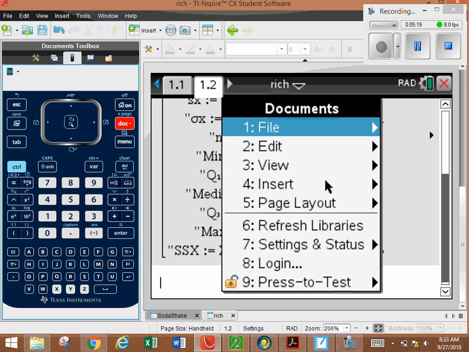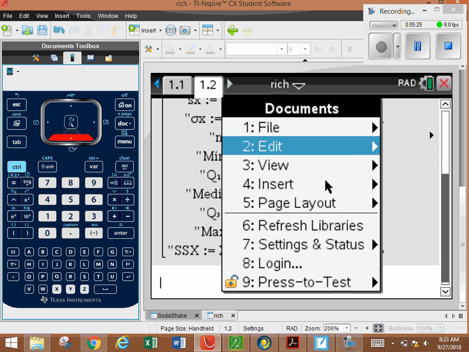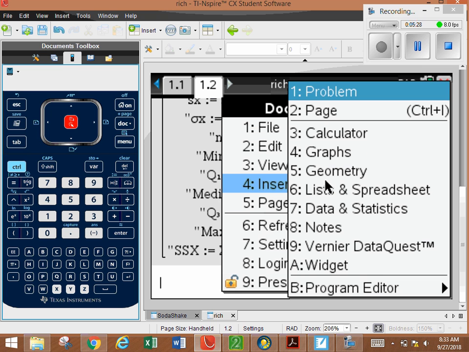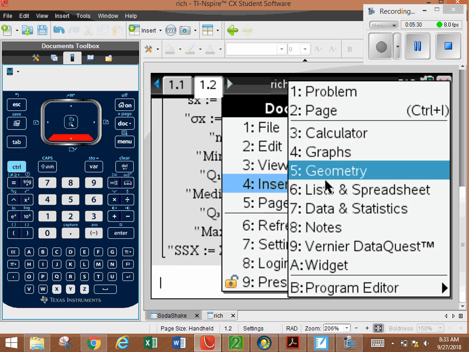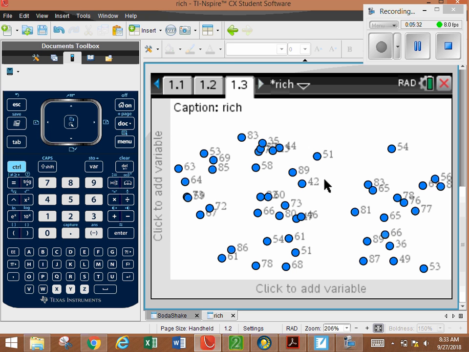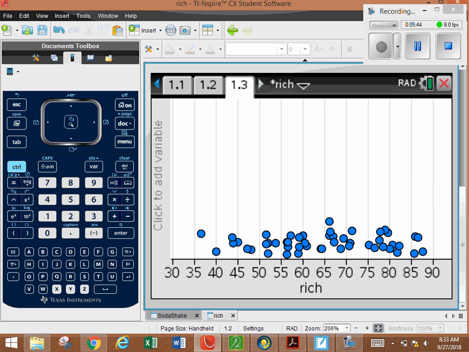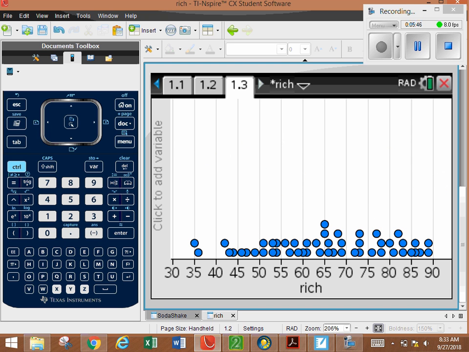Remember when you were getting histograms and those frequency plots and stuff like that, right? We're going to get the same type of document. Anytime you want a graph, that's what you're going to insert. Data and statistics. We got 50 data points there. We're going to make this x-axis, our horizontal axis, rich.